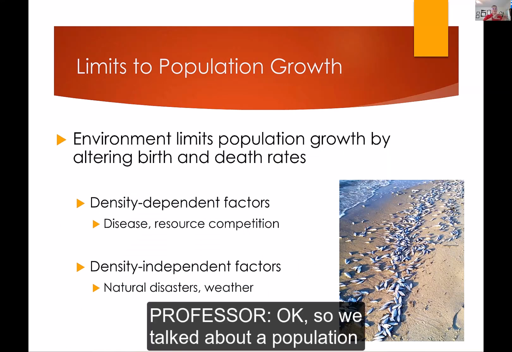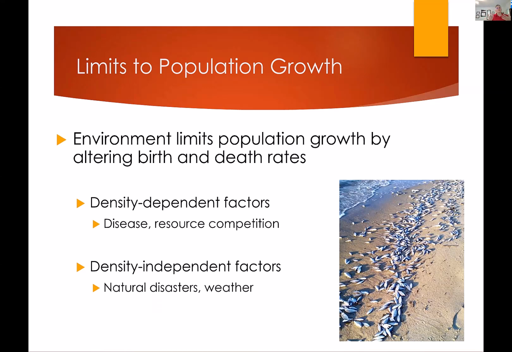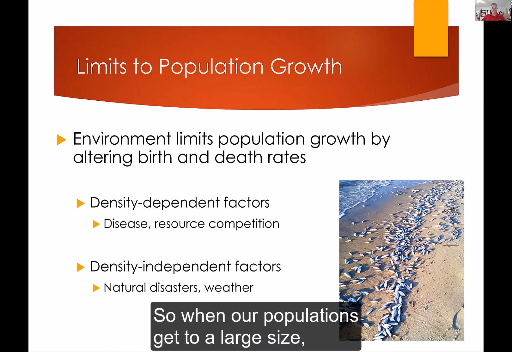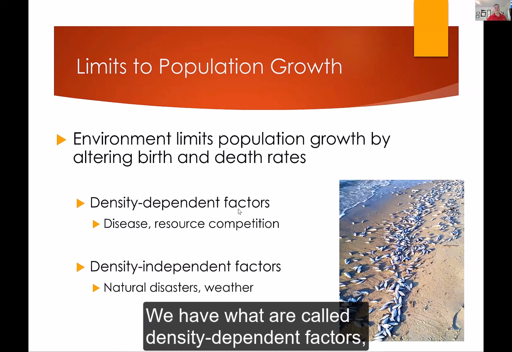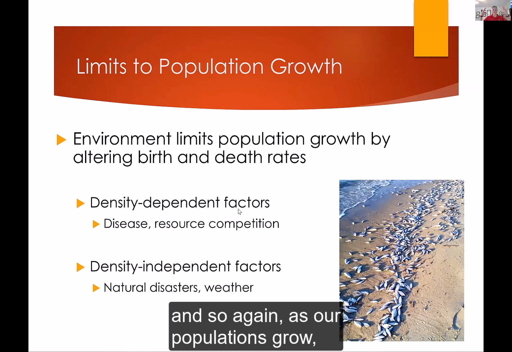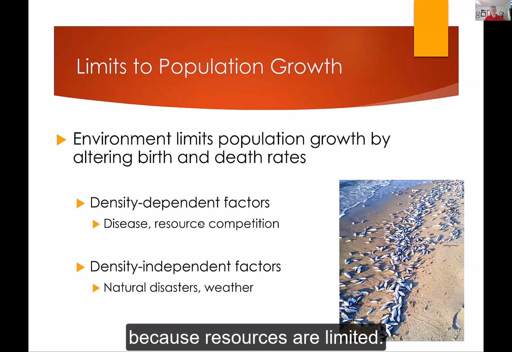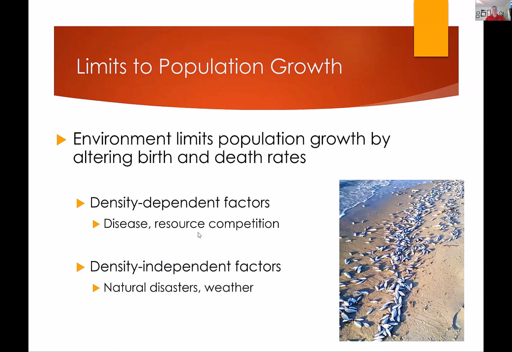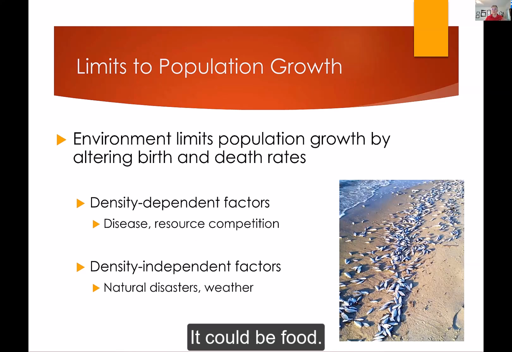Okay, so we talked about a population coming up to that K, right, that carrying capacity. So when our populations get to a large size, things begin to happen as we have what are called density dependent factors. And so again, as our populations grow, we're going to start having competition because resources are limited, right? It could be resources, like I said, could be water, could be food, could be access to mates, right?